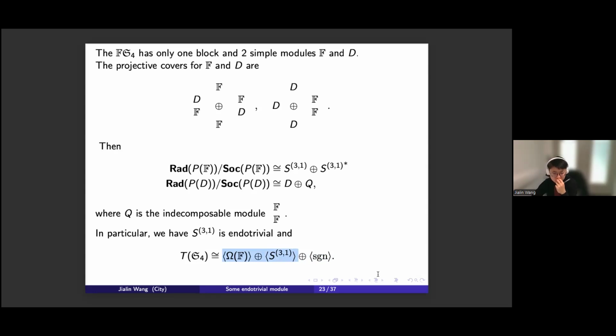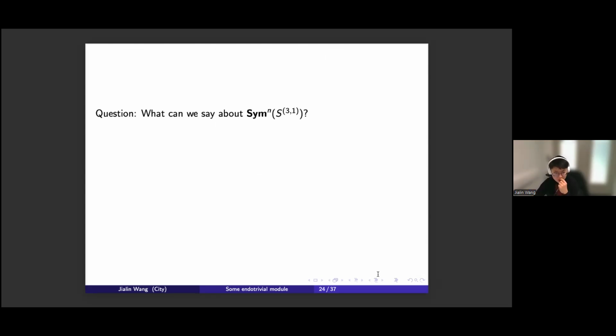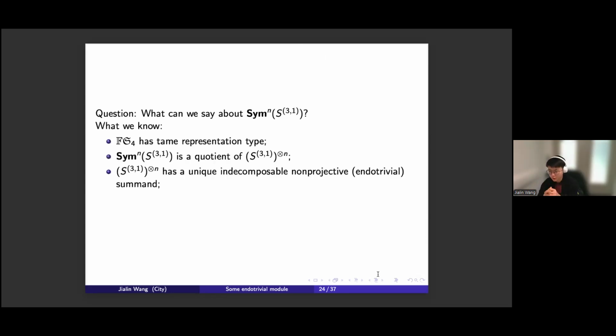So now the question becomes, we have this module, we know the composition factors that appear in this module, we even have a basis for this endotrivial module. So what more can we see about this module? Okay, so I want to study the symmetric powers of this module. First of all, why is that? FS4 has tame representation type. So it means that we have a way to understand the indecomposable modules of this group algebra.